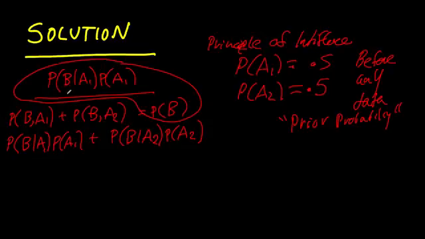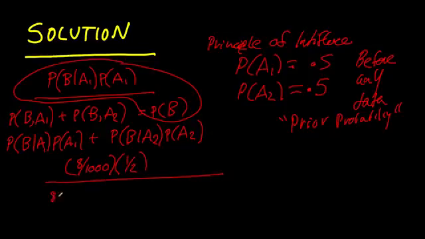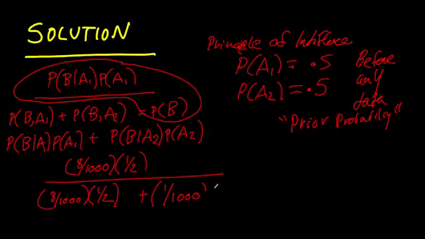So probability of B given A1, as we just said a minute ago, is 8 over 1,000, and that's times 1/2, divided by 8 over 1,000 times 1/2 plus the probability of observing 3 white marbles if we have a 10% chance of drawing a white marble, which is going to be 1/1000th times 1/2, the prior probability of urn 2.